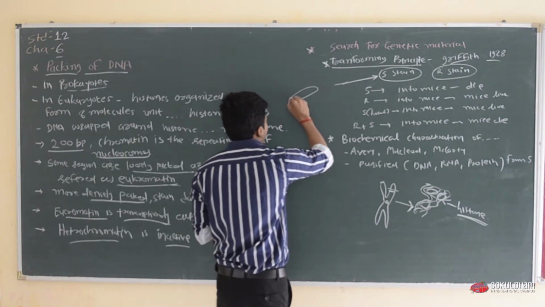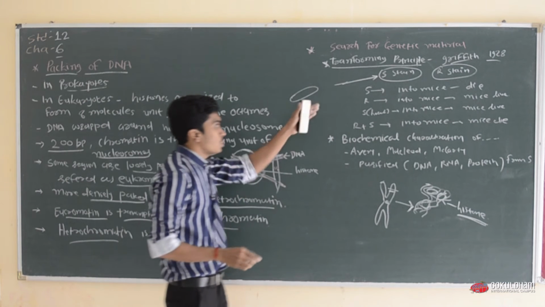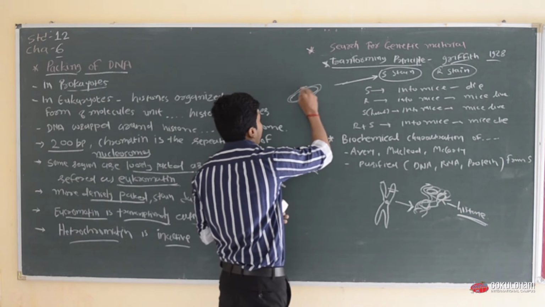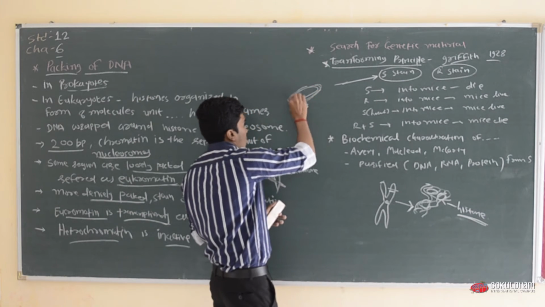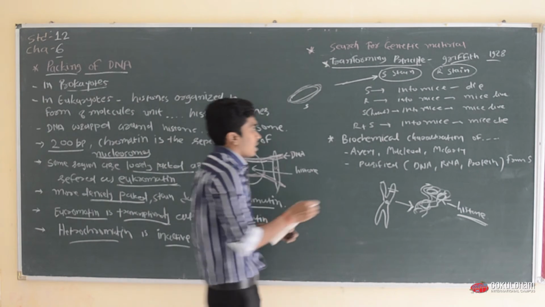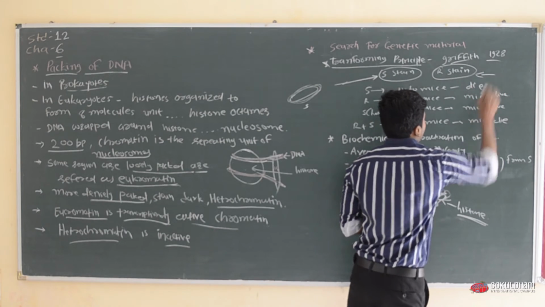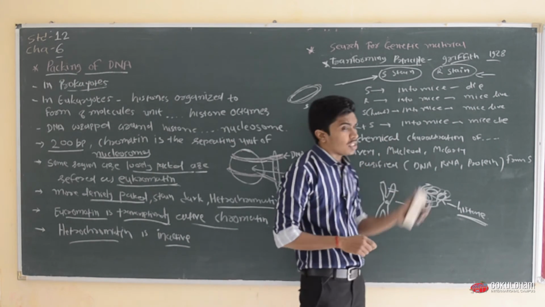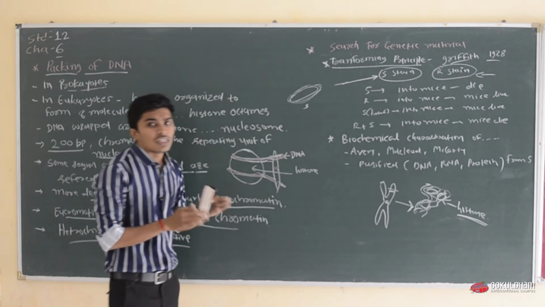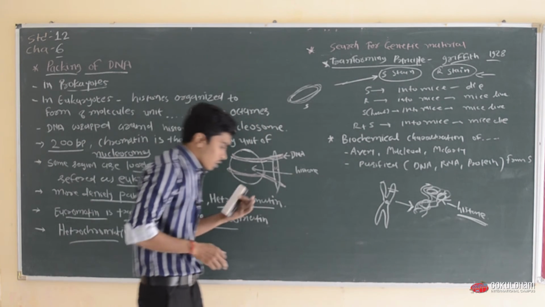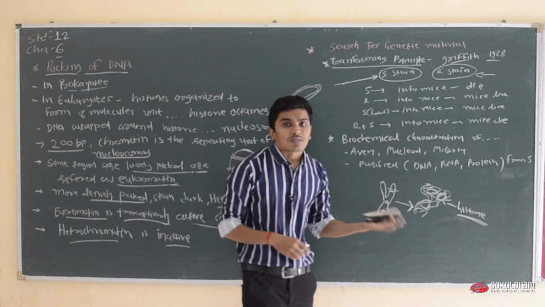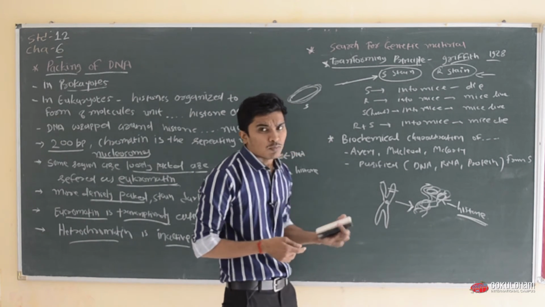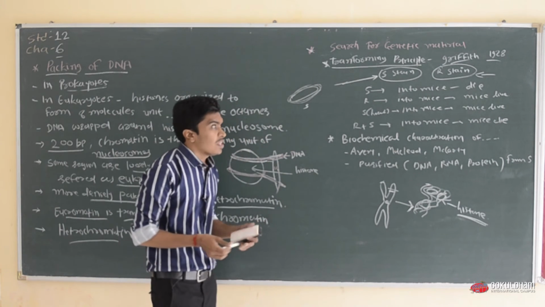Meaning, in the smooth strain, one more layer is present around the bacteria, which gives them more resistance. Whereas the R strain bacteria don't have this shiny layer around them, so they are not resistant to the particular chemicals or enzymes which are produced in an animal's body. So what will happen here?